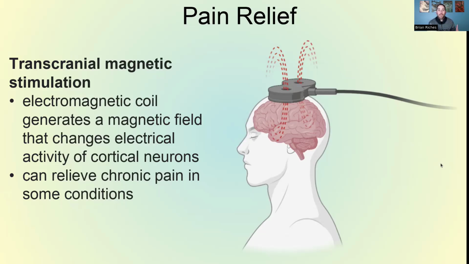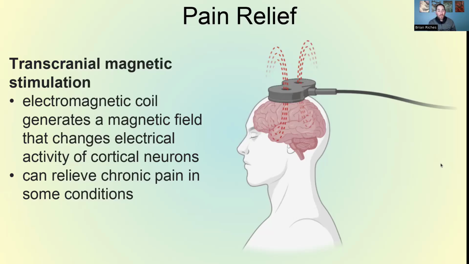It's a little wider than a direct probe, but in this case, you can go in, basically go under the machine. It's kind of like a backwards MRI that's kind of hovering around your head, and you change the magnetic field in your brain, changes the neurons themselves, and that can help relieve some chronic pain as well. Some people might have to do this treatment a few times a week. Some might do it a few times a month.